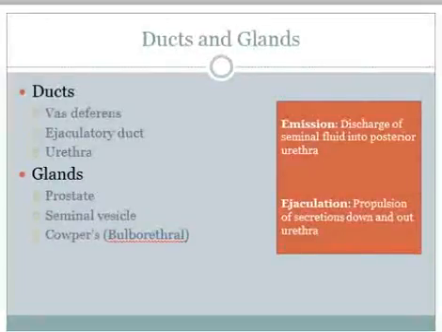And then the seminal vesicles, it's about 70% of the fluid that makes up semen, and it's alkaline, which helps to support the sperm. The vagina is definitely more acidic, which is harmful towards sperm, so the seminal vesicles help keep sperm alive, essentially. So it's neutralizing the vagina to protect sperm and motility.